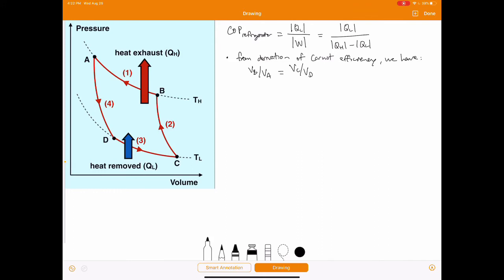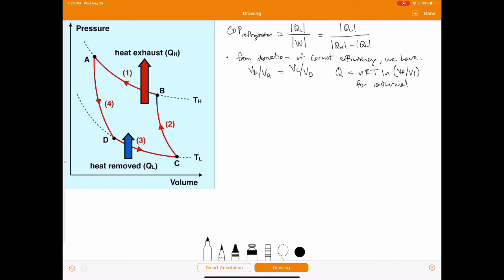Those ratios of volumes were worked out in the previous derivation. We also know that for an isothermal process, Q is equal to nRT times the natural log of V final over V initial. So again, this is for isothermal. And that's what we found in the previous derivation.